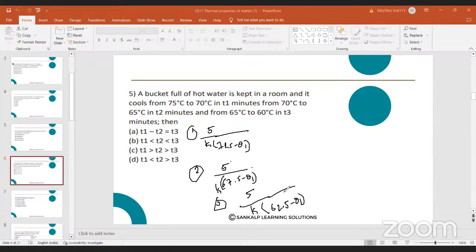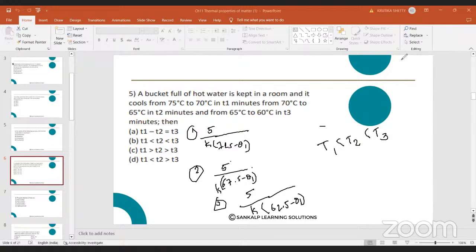Right? So when the denominator value increases, the numerator value decreases. Therefore in the given options, C is the right one. That is T1 is less than T2 which is less than T3, right? So this is the proof.